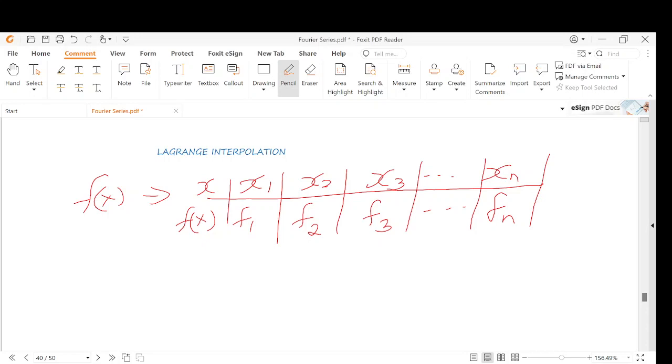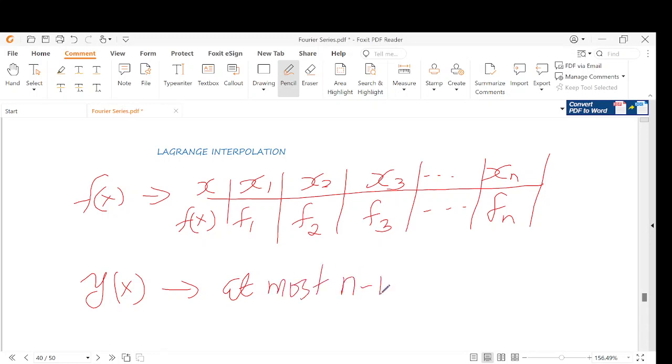Now, a function which is described by such discrete data points can be approximated by another polynomial, which we are going to call y of x, which is a polynomial of degree at most n minus 1, in this case n minus 1, not n.